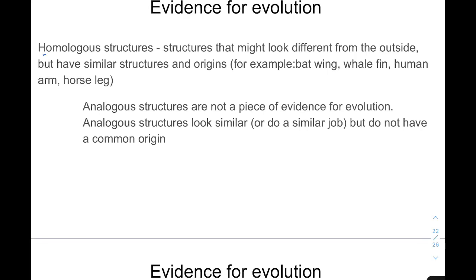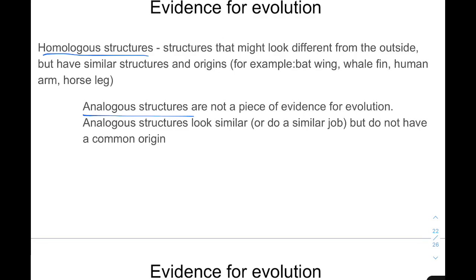Two words that we need to know for sure are homologous and analogous structures. Homologous structures are things that maybe they look different, maybe they even do a different job. But if you look at how they're built from the same parts according to the same plan. If you look at a human arm and a horse leg and a whale fin and a bat wing, you might think they're very different.